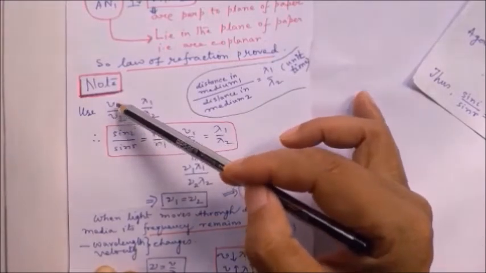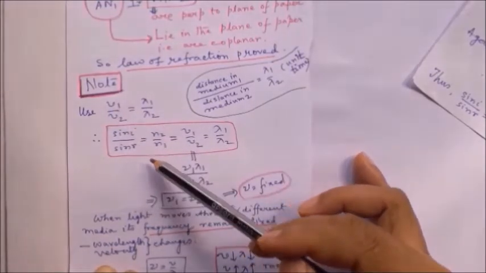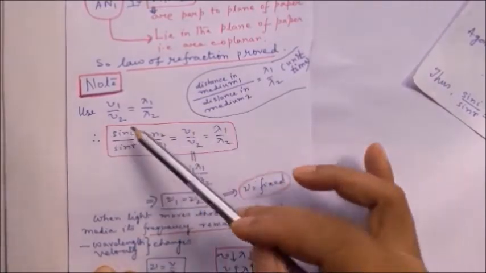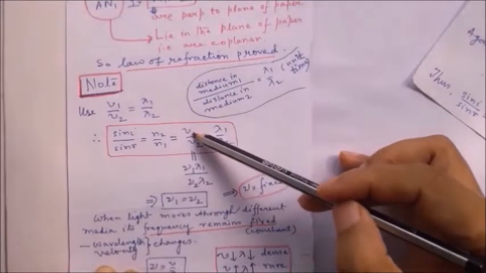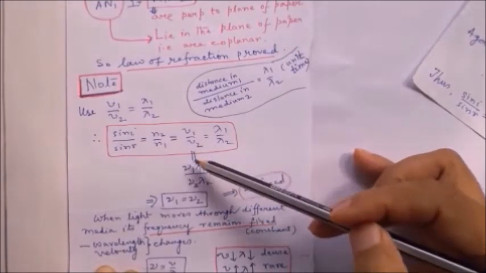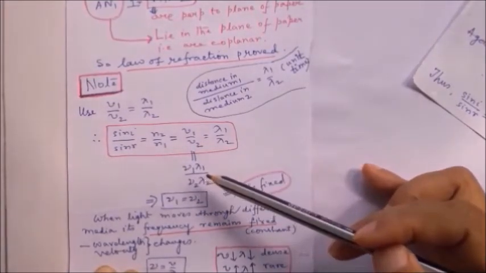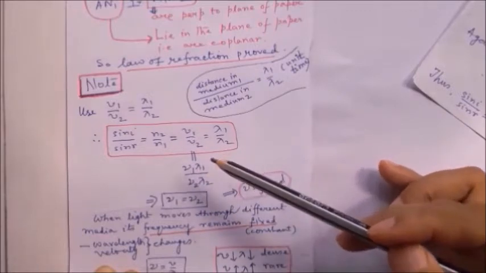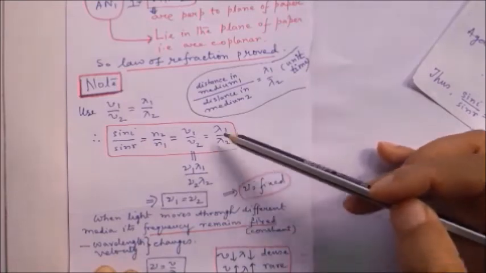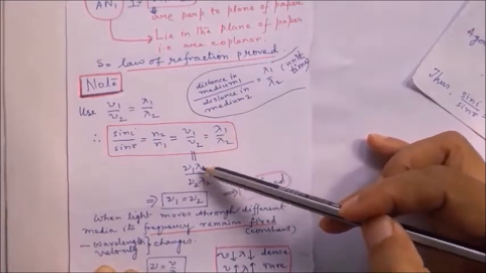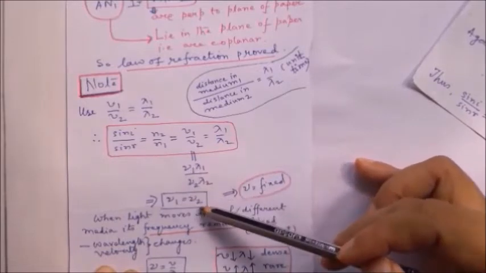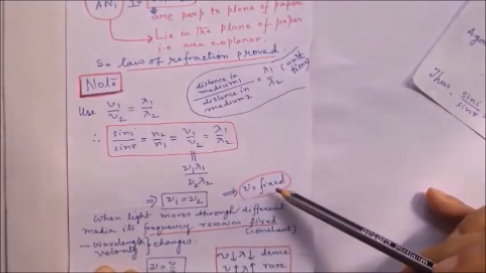Now if we put this ratio in the relation that we obtained, we get this very important formula. Now v1 can be written as nu1 lambda 1, v2 can be written as nu2 lambda 2, where the nus represent frequencies in medium 1 and medium 2. Then since lambda 1 by lambda 2 are on both sides, they cancel out and we are left with nu1 equal to nu2, which means frequency is fixed.